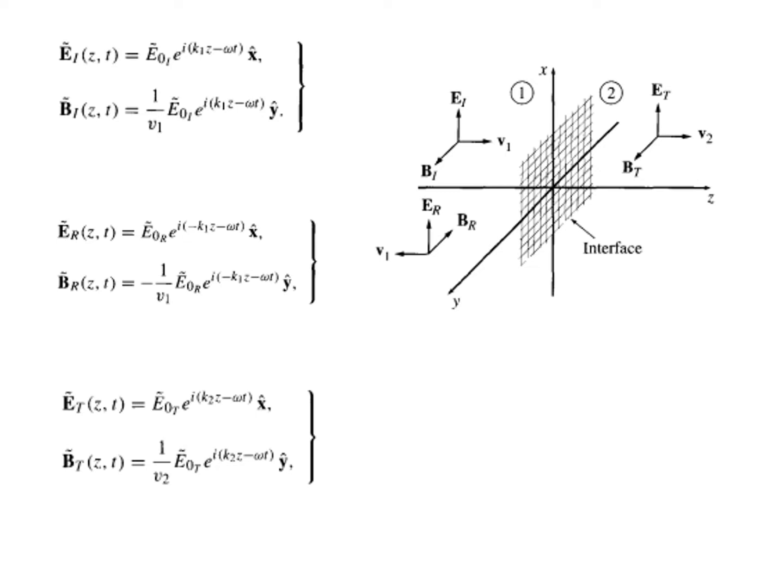Now let us go to the discussion about reflection and transmission at a boundary between two linear media, with the wave incident normally along the normal.